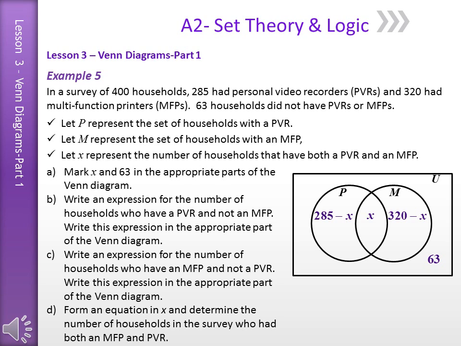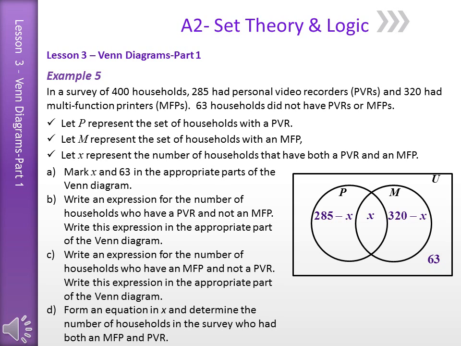So we know there's 400 altogether, so we're going to add those three expressions: the 285 minus X, plus the 320 minus X, plus the X that is in the overlap, and the 63 households that have neither.